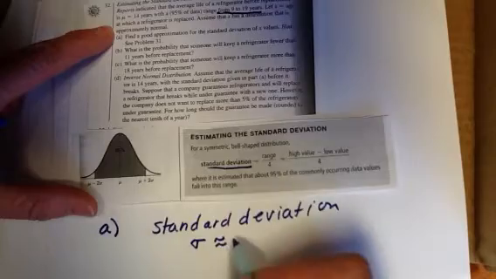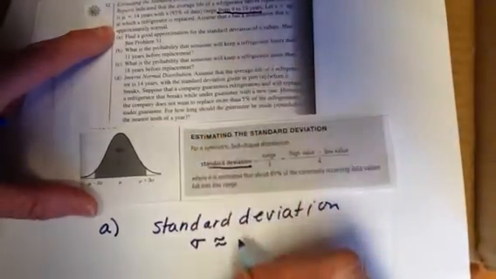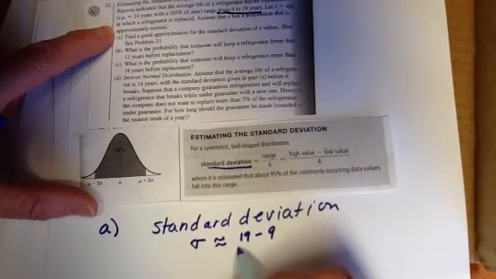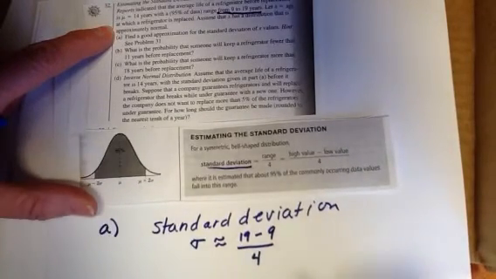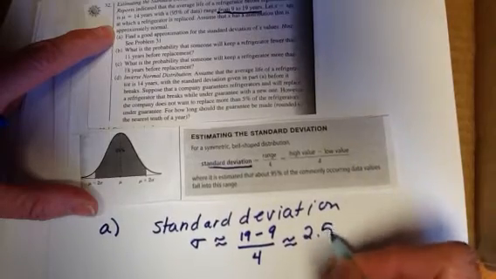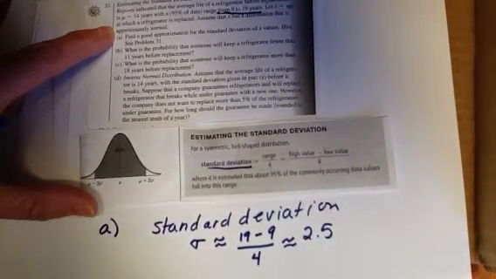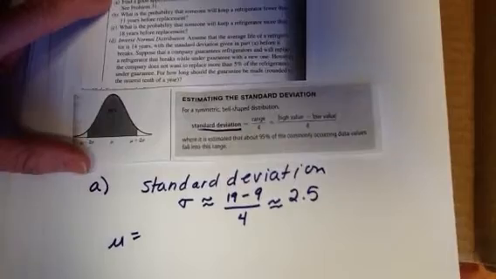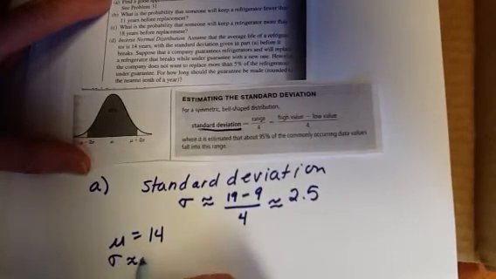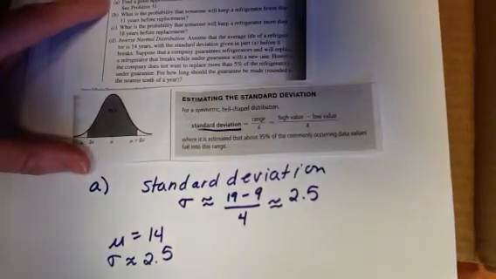So we know sigma is approximately equal to our high value of 19 minus the low value of 9 divided by 4. 10 divided by 4 is approximately 2.5. So the problem had told us that mu was equal to 14, and we just approximated our standard deviation to be 2.5.